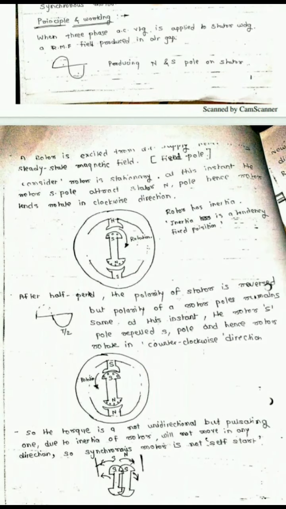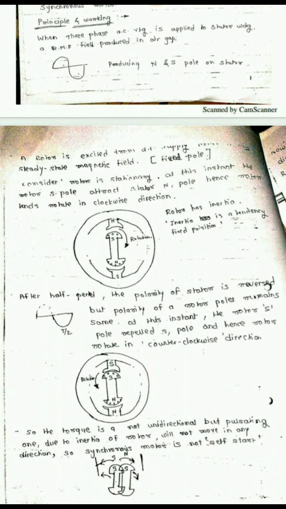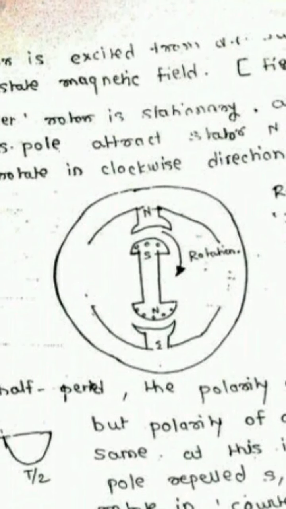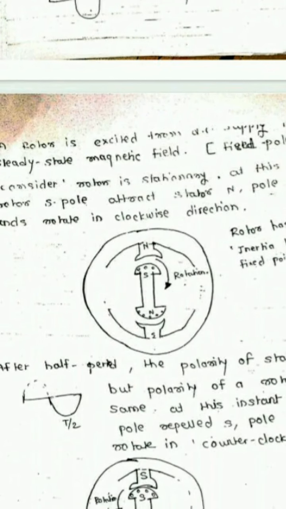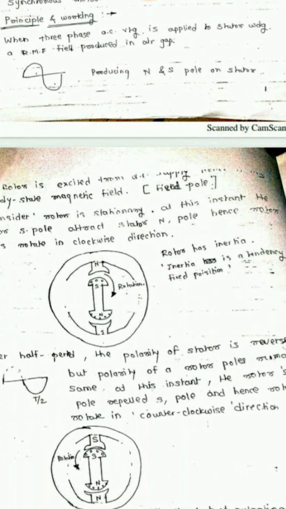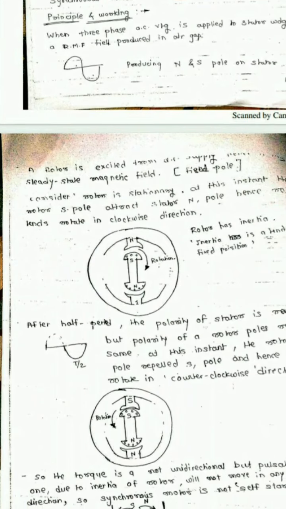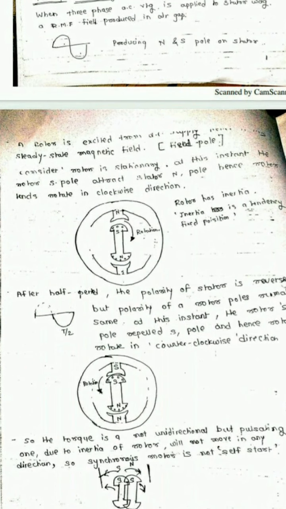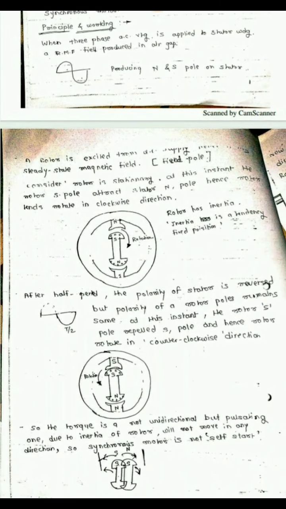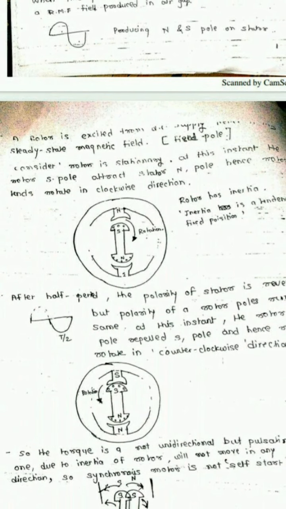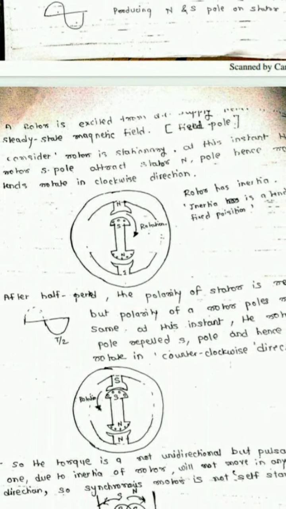Consider this diagram: the rotor has poles S and N, and the stator has poles N and S. At this instant the rotor S pole attracts the stator N pole, hence the rotor tends to rotate in a clockwise direction. Means at the time of starting, when the rotor has an S pole and the stator has an N pole, the rotor rotates in a clockwise direction for a fraction of a second.